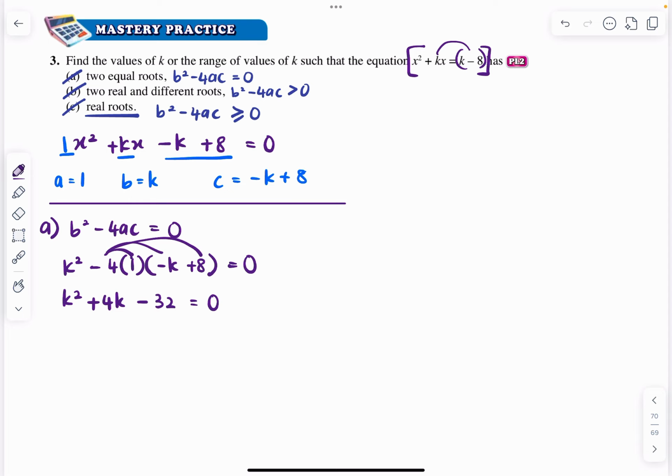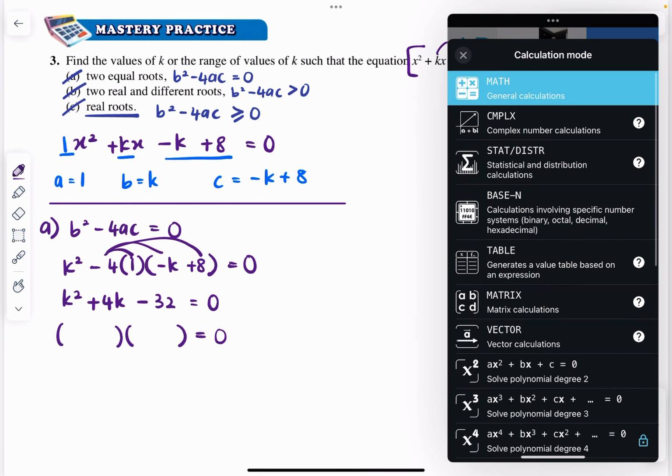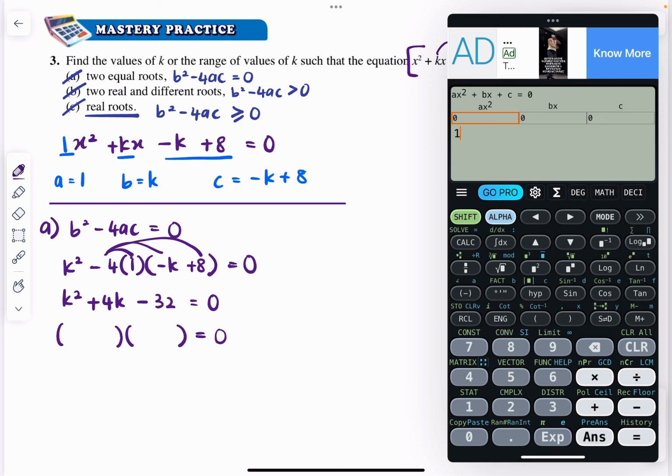So from here, this is a quadratic equation. You can factorize to get your answer. A is 1, B is 4, C is negative 32. So k is negative 8, and k is also 4.